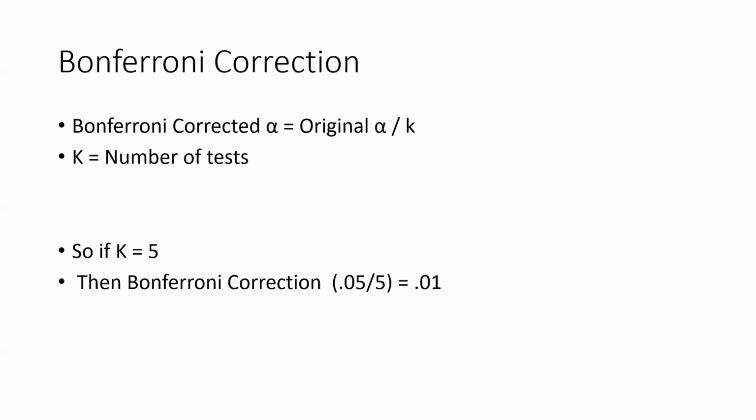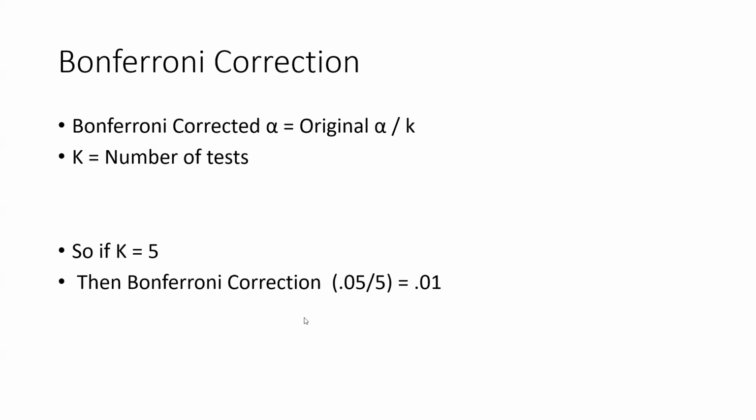We would divide that alpha value by k, being the number of tests. So if we wanted to run 3 two-sample t-tests, A to B, A to C, and A to D, we would just divide our alpha value 0.05 by the number of tests, in which case that would be 3, and that would provide us with the Bonferroni correction.